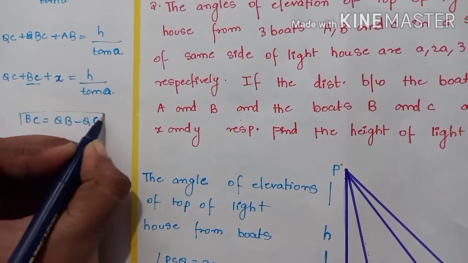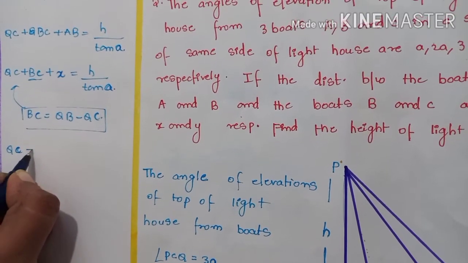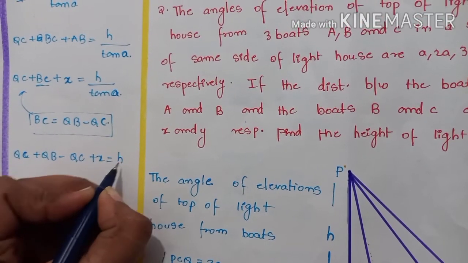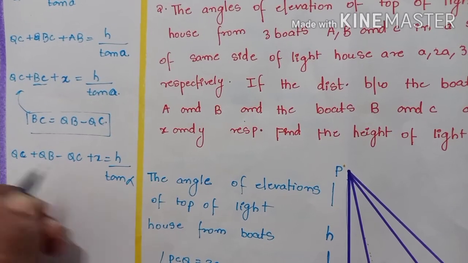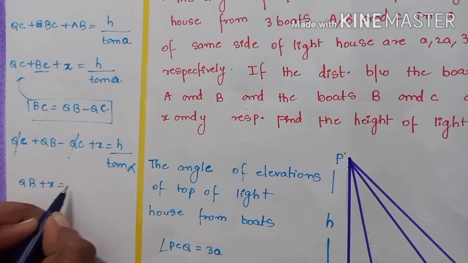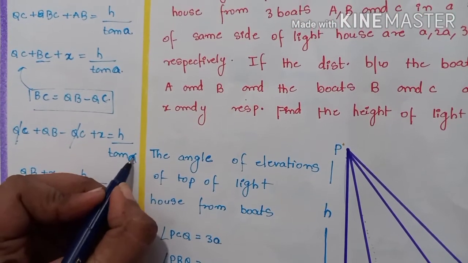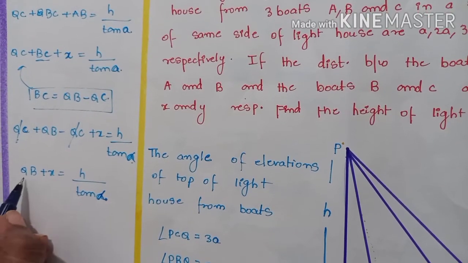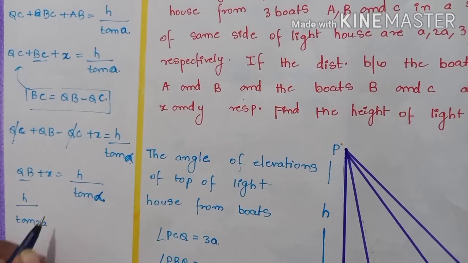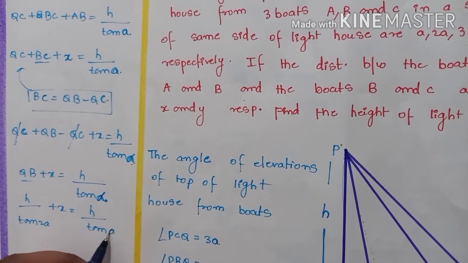So substituting this value in this equation, we get QC plus QB minus QC plus x is equal to h by tan A. Now QC and QC get cancelled, so QB plus x is equal to h by tan A, and we have found previously that QB is h by tan 2A, so h by tan 2A plus x equals h by tan A.